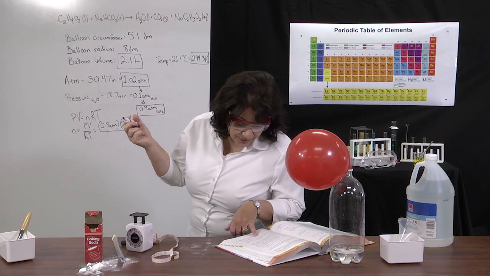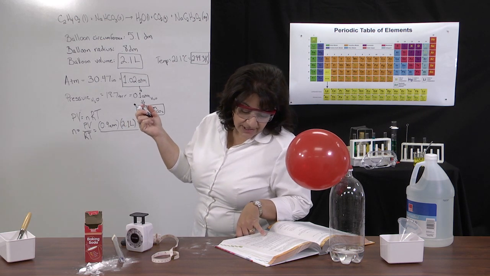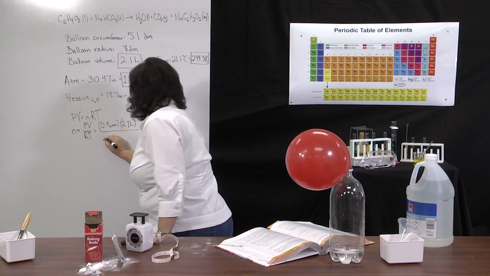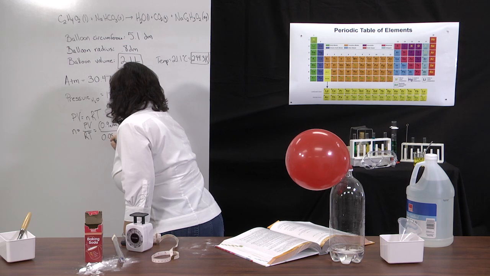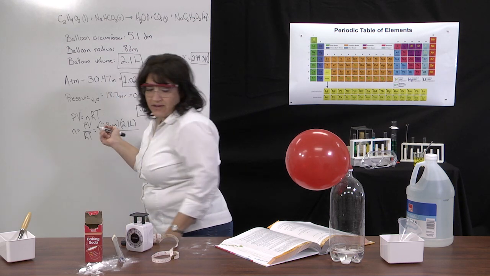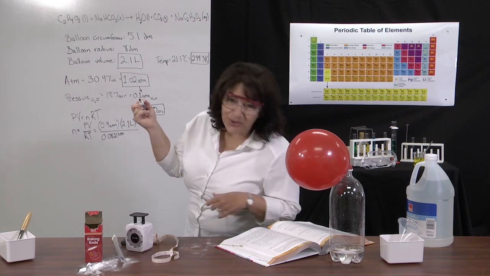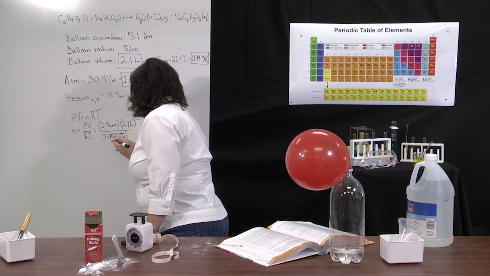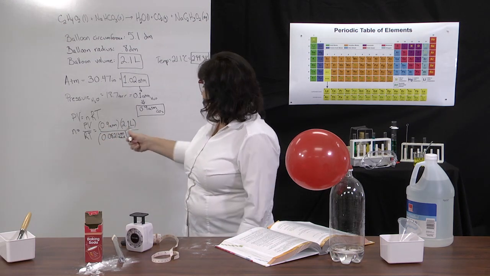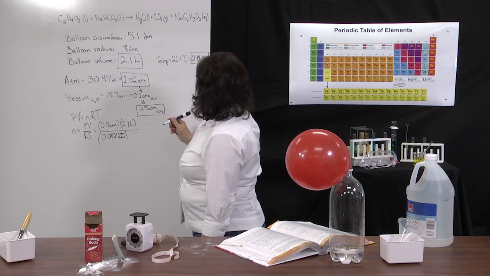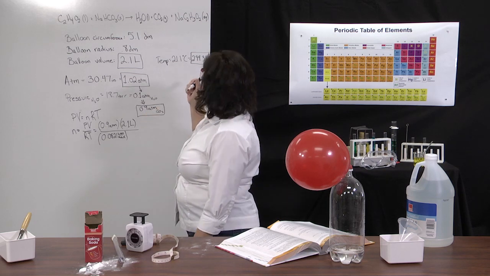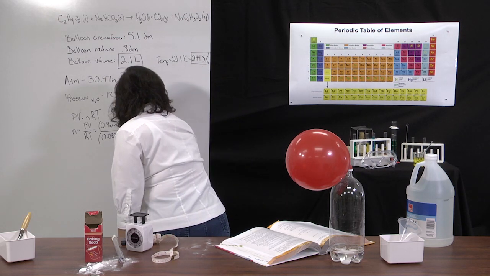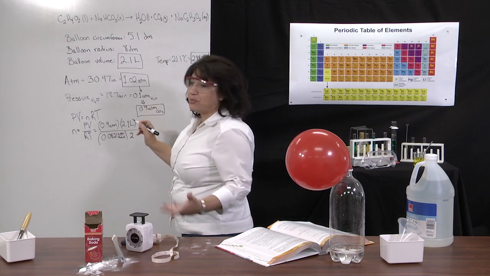Divided by our R value, which is a given, 0.0821 liters atmosphere divided by moles Kelvin. Okay, and then our last value is the temperature, which we calculated as 294.3 Kelvin.